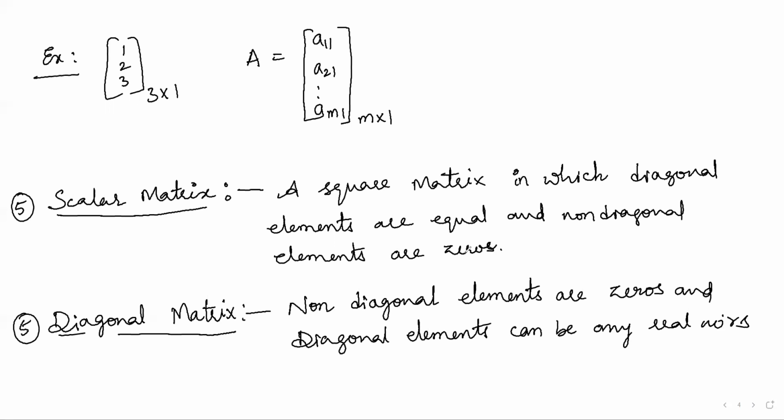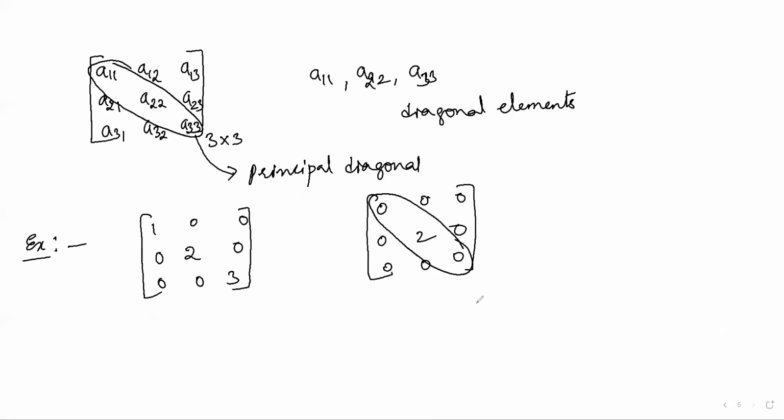I think you are clear. Another way we can say is that a scalar matrix is a diagonal matrix in which the diagonal elements are equal.